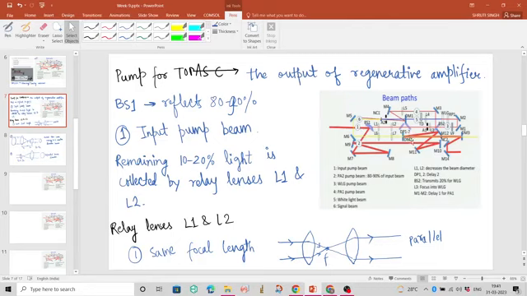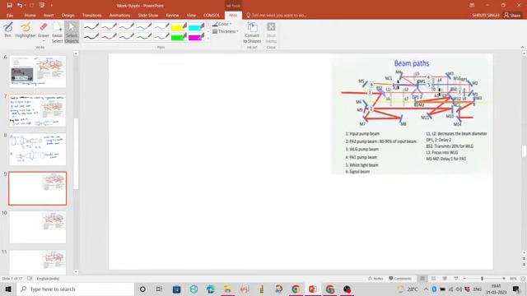Now these are mirrors only, but sorry, these are DP1 and DP2. These are a set of quartz plates.